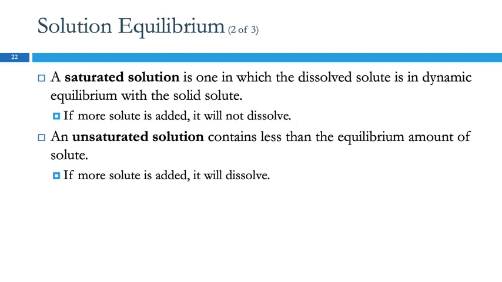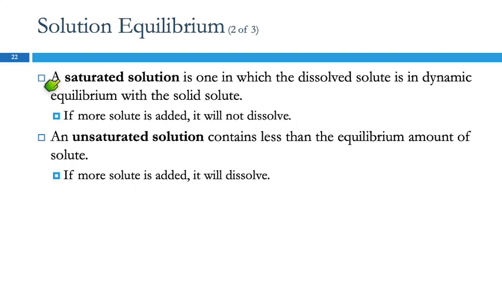We have some qualitative terms for the concentrations of solutions. A saturated solution is one where the dissolved solute is in equilibrium with the solid solute. So that's what we were just talking about.